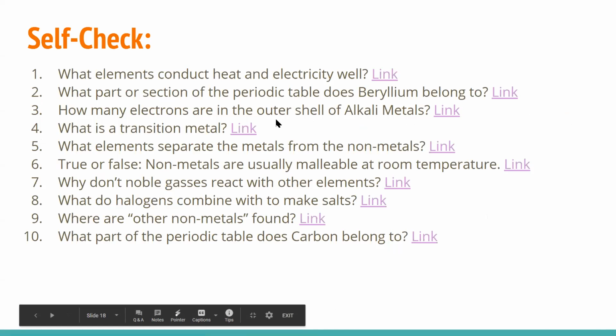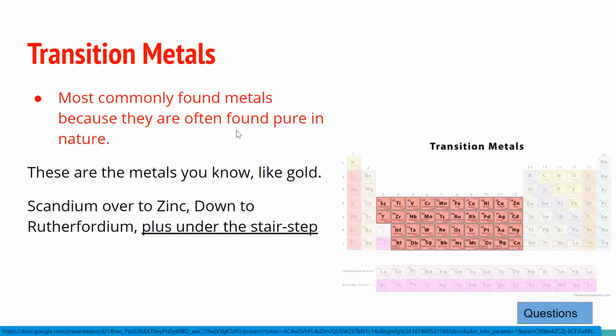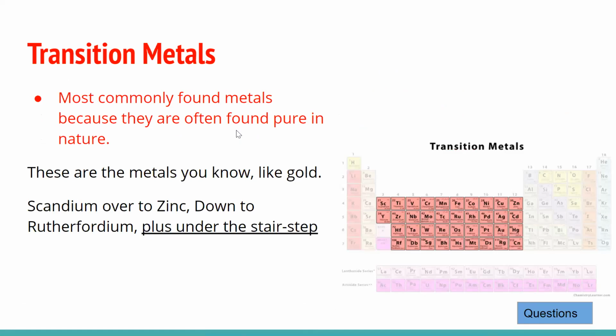What is a transition metal? They're the most commonly found metals because when it comes to metals, these are the ones that are most likely to be pure. A lot of times when you find iron, it is attached to some oxygen. It will oxidize. That's rust. But you also can find iron in its pure form.